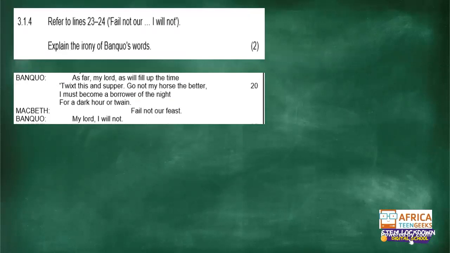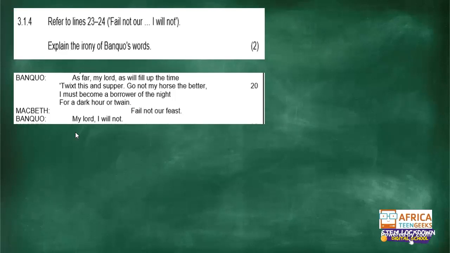Now, based on what you see in front of you, there's a dialogue between Banquo and Macbeth, okay? And Banquo is saying, my lord, I will not. Macbeth is just reminding Banquo to not forget about their feast, like he is being invited to the feast.